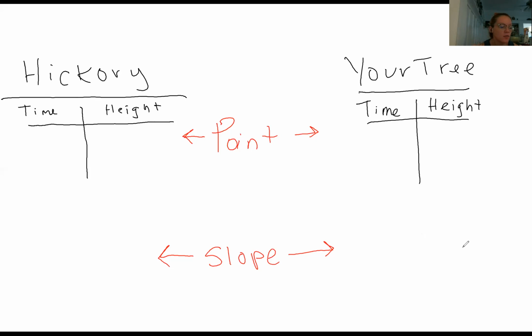So for me, the y-intercept of my tree, the very beginning of my tree, I start at year 0. And I'm planting a seed. So when I bury my seed in the hole, it's completely flat. There's no height. There is nothing above the ground. So at time 0, my tree's height is 0, okay? So for my tree, the y-intercept and also the x-intercept is at this point.